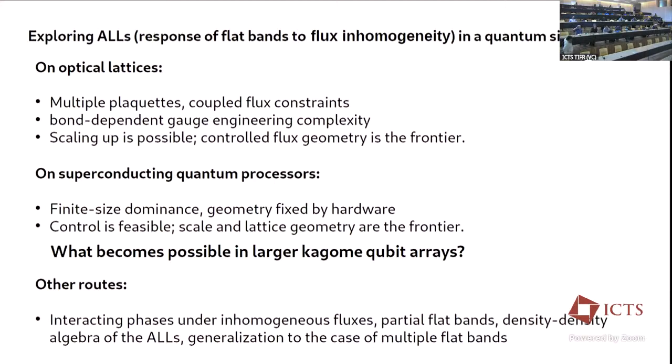So at some point you were mentioning that part of the analysis was based on K-space. But finally, it seems that many ingredients that you showed at the end of the day were done in real space. So can we think about studying other models for which the geometry is not periodic?